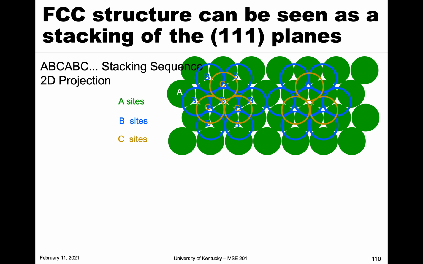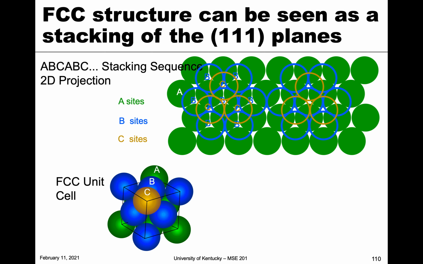And so if we look at a unit cell, we can visualize that as well. So the green ones in the back represent the A sites, then these blue ones represent the B sites, and then the one over here on this corner represents a C site. And this is the stacking. So we're basically stacking different 111 type planes, and that can give us the greater FCC structure.